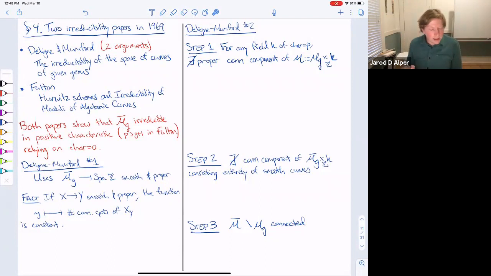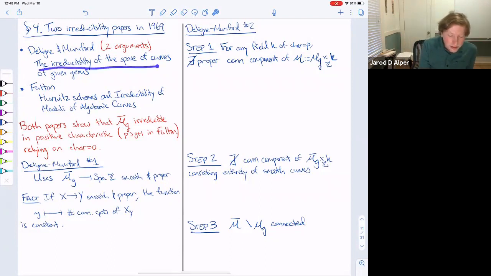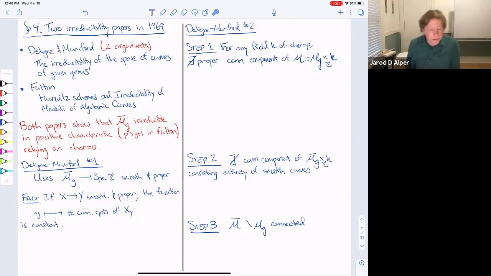And something I meant to highlight earlier: this is the paper that introduced stacks for the first time. They used algebraic stacks in some way in their paper, but it is not actually essential for either of their arguments. It's really the properness, the compactification, that's relevant.